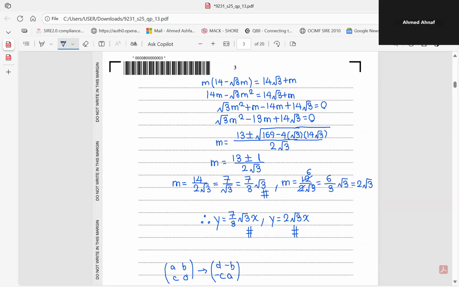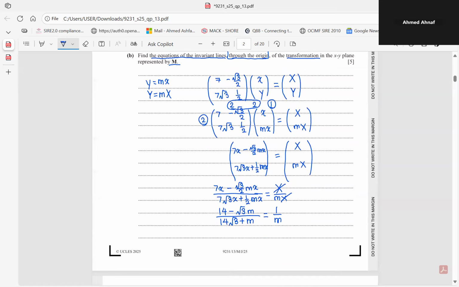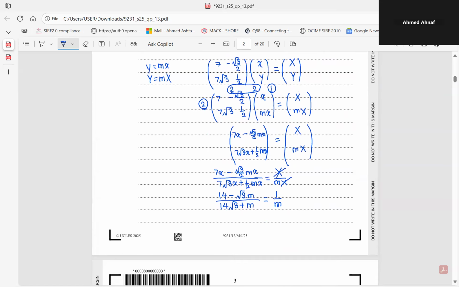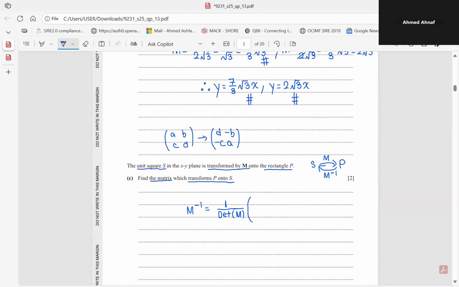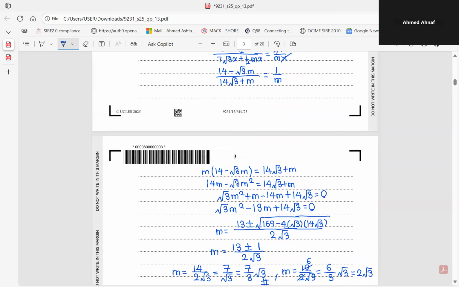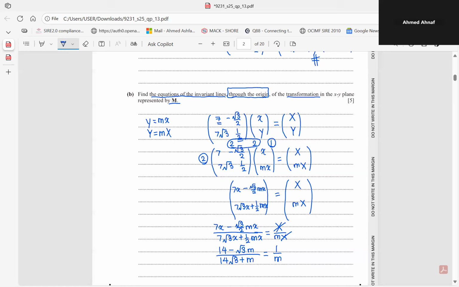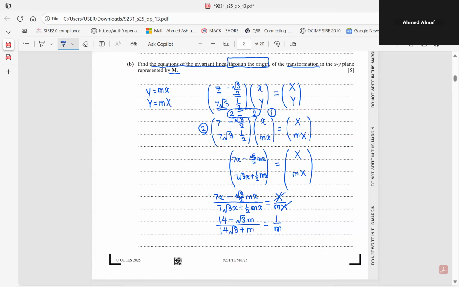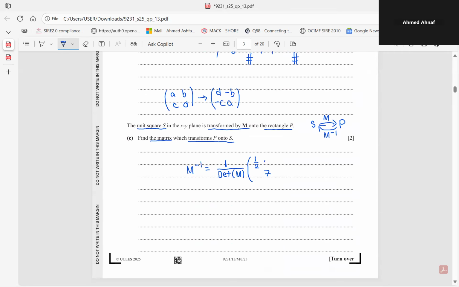For M, A and D in our case will be 7 and half. So we're going to swap those, half and 7, and then for B and C, that is minus square root 3 over 2 and 7 square root 3. We're going to multiply both those by -1. So this is square root 3 over 2 and minus 7 square root 3.